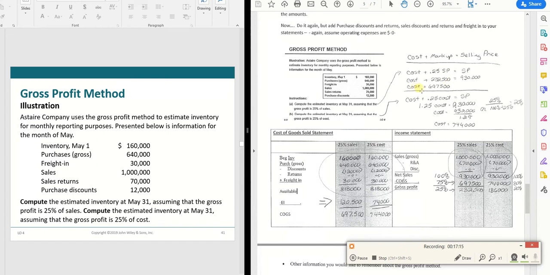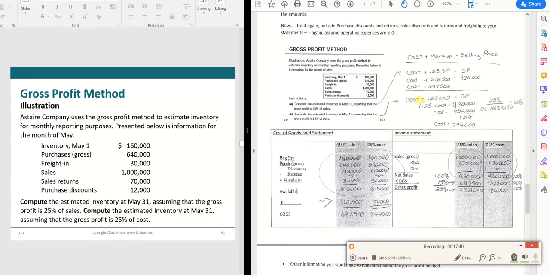So my cost equals $930,000 minus $232,500, or $697,500. But the 25% of selling price is easy because I can put 100% by selling price, and gross profit is 25%, and cost of goods sold is 75%. Okay, now let's go to the harder one, but let's just write it out here. Remember, I'm given the 930 right there.